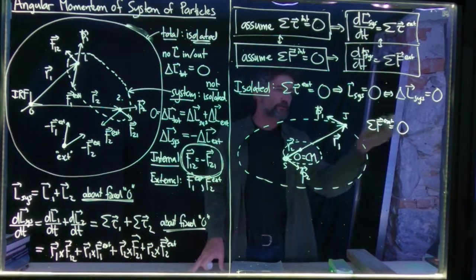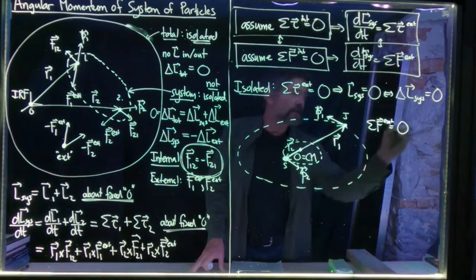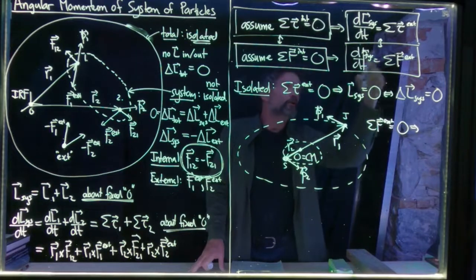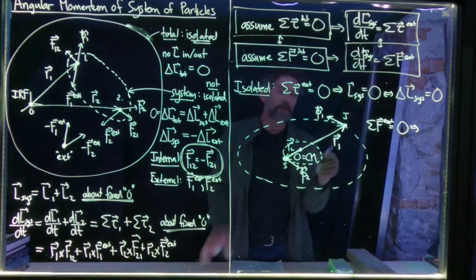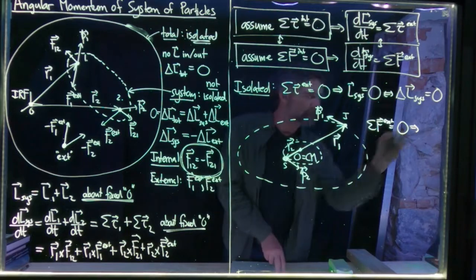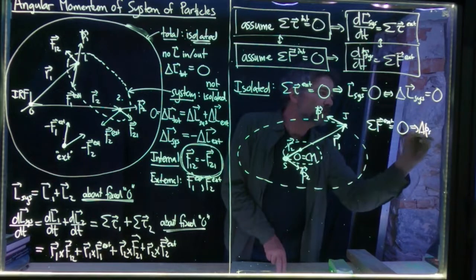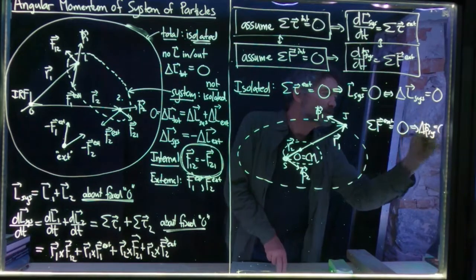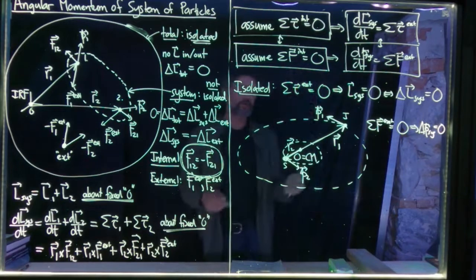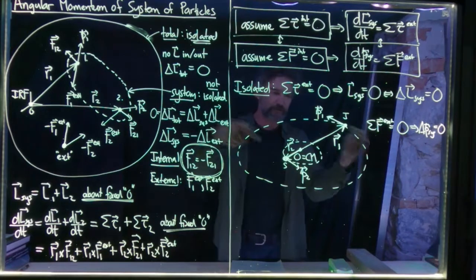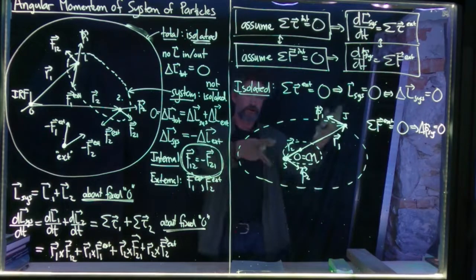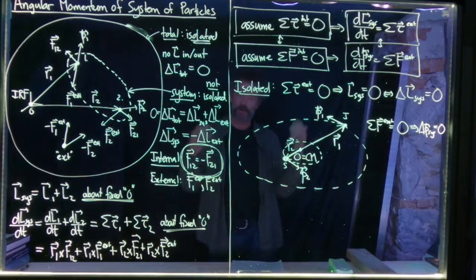So the sum of the external forces is equal to 0. If that's the case, then we know that the system linear momentum can't change. So delta P, the linear momentum of the system, can't change. Whatever it is at this instant of time, P1 plus P2 is the total linear momentum in our system of two particles, and it will always be the same.